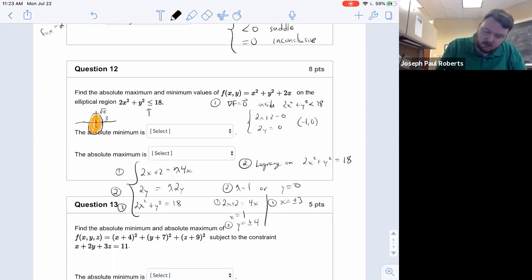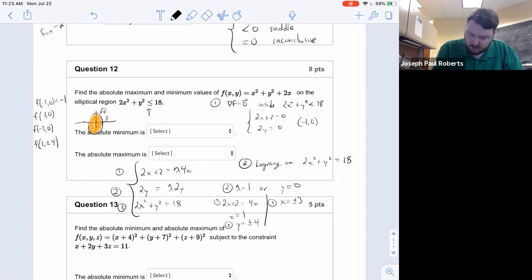Cool. So the points I have to check are f of (-1, 0), f of (3, 0), f of (-3, 0), and then since f only depends on y squared, I will get the same thing at (1, plus or minus 4). So at (-1, 0), I get 1 plus 0 minus 2, which is negative 1.